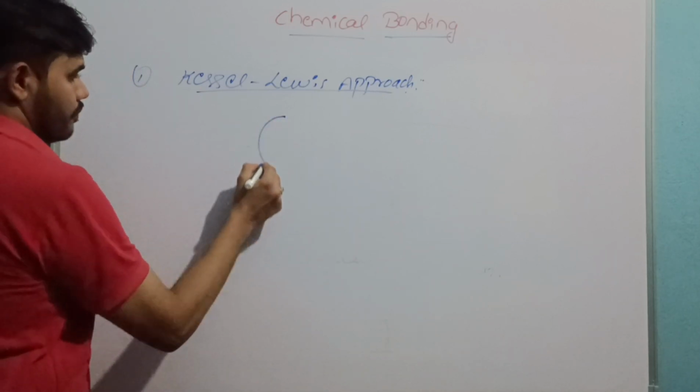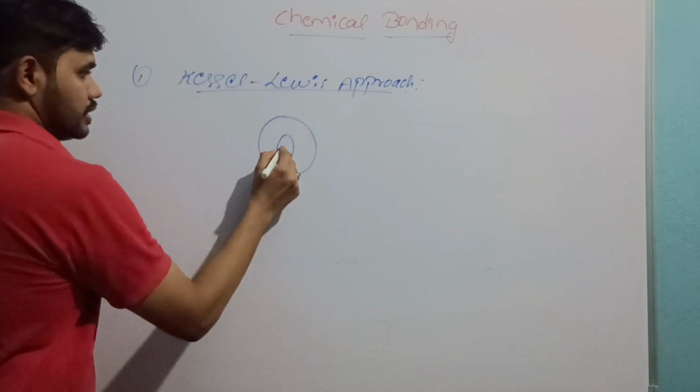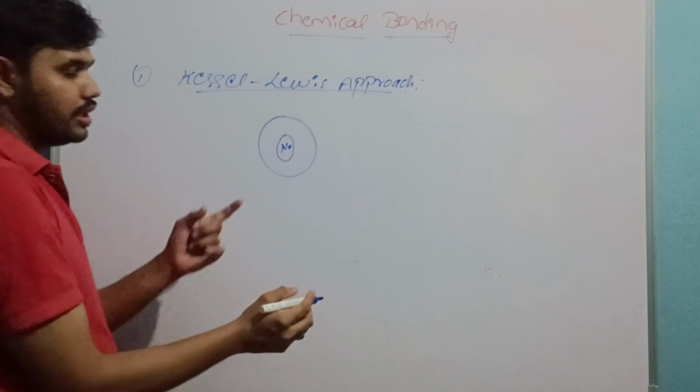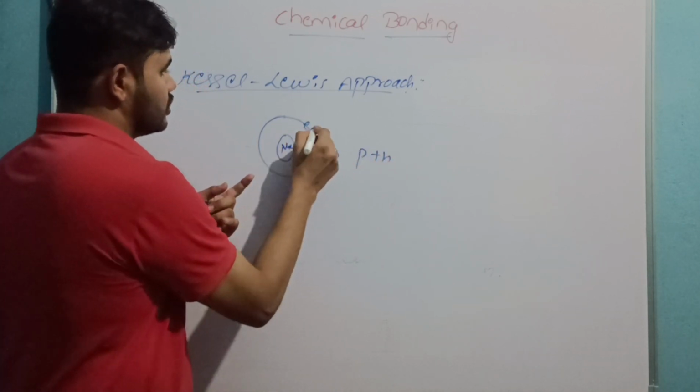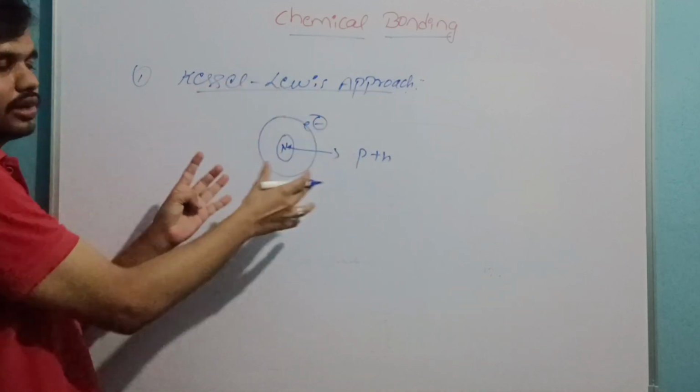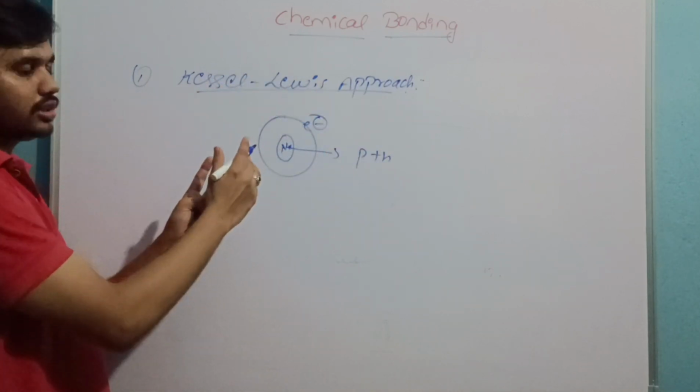In Bohr's model, we have learned that the central part is the nucleus, which has protons plus neutrons, and electrons revolve around the nucleus in a fixed orbit. This is according to Bohr's theory.